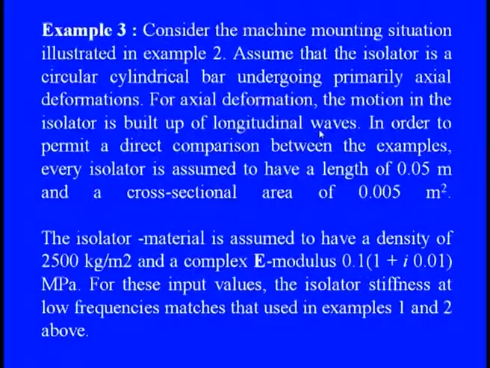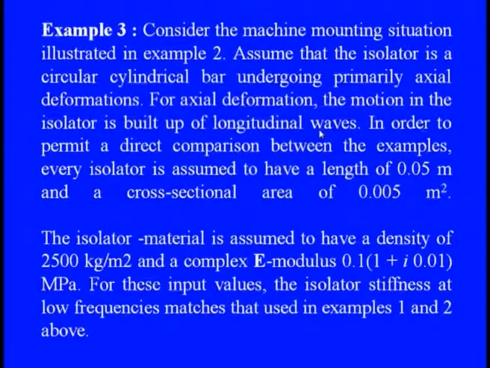That is how you see the wave propagation, and what the nature of the wave is. In order to permit direct comparison, we are going to take the same isolator design, and every isolator is assumed to have a length of 0.05 meter and a cross sectional area of 0.005 meter square.